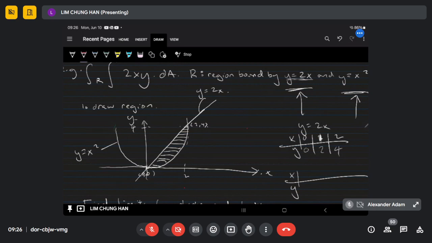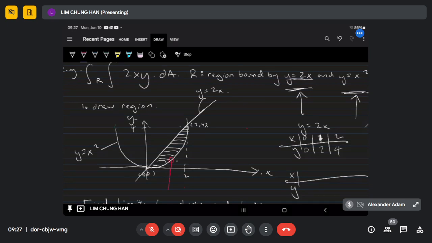So why do you have to use the line method? Now we are doing y first. So y is vertical, so we go vertically up. We hit something.